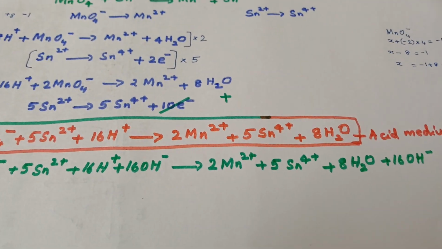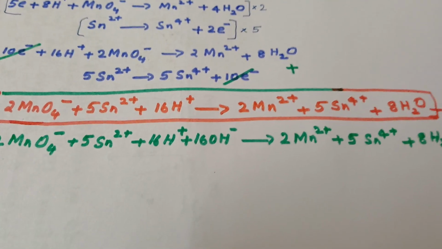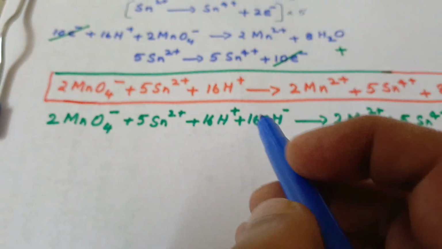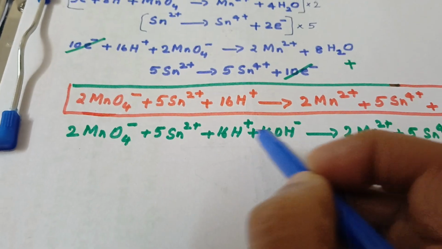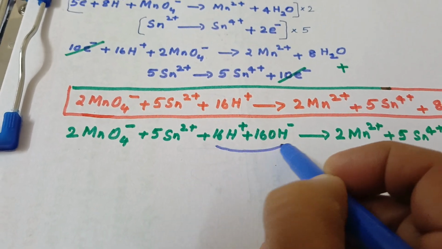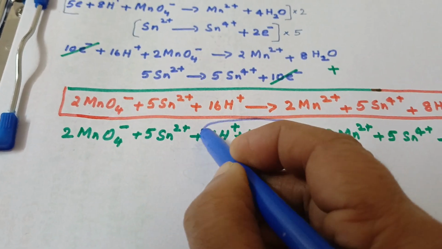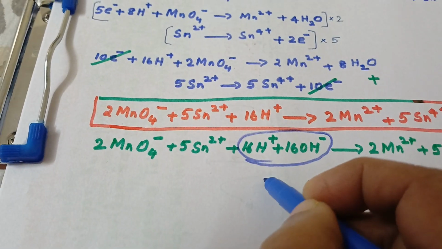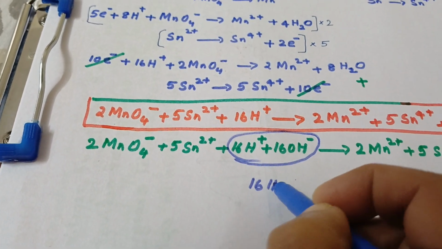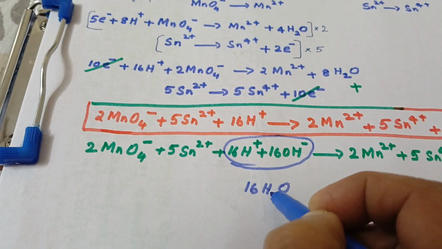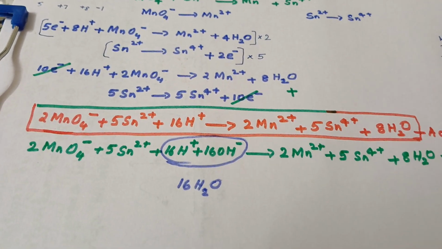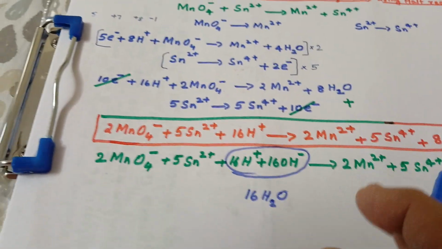Okay, let us see if we can make some changes. This 16 H plus and 16 OH minus ions will give us 16 H2O molecules, water molecules, isn't it? H plus and OH minus.